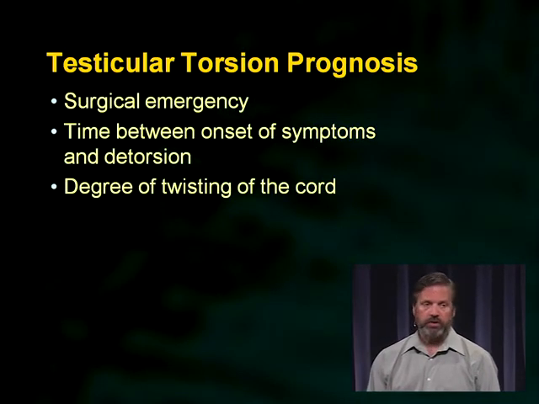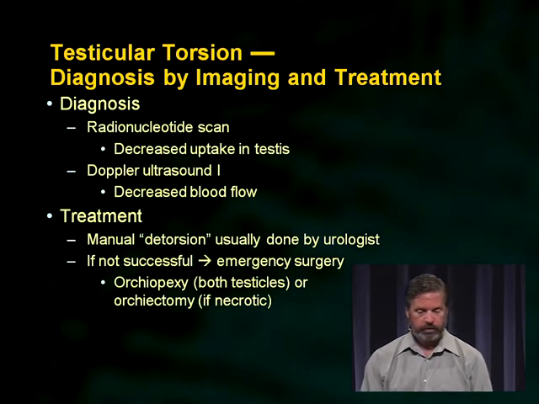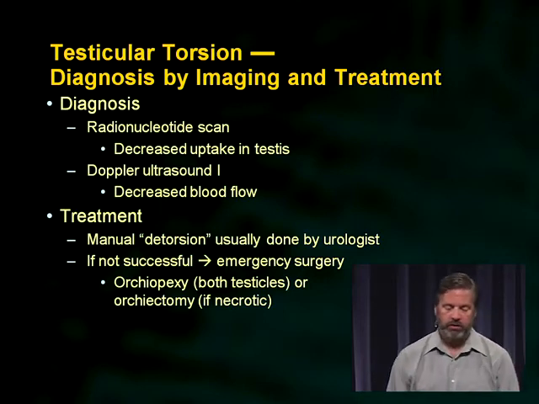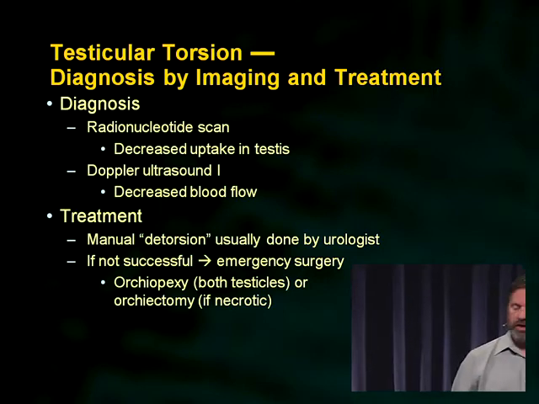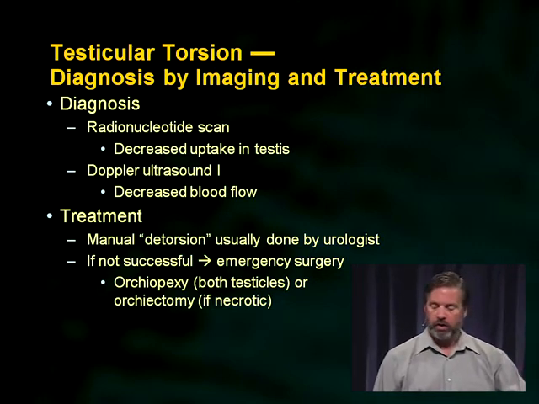So what's the prognosis? It's related to the fact of how long the time lag is to the compromise of the blood supply and the degree of twisting of the cord. But this is a surgical emergency. So diagnosing by imaging, the radionucleotide scan or the Doppler ultrasound showing decreased blood flow, both of those are appropriate diagnostic testing.